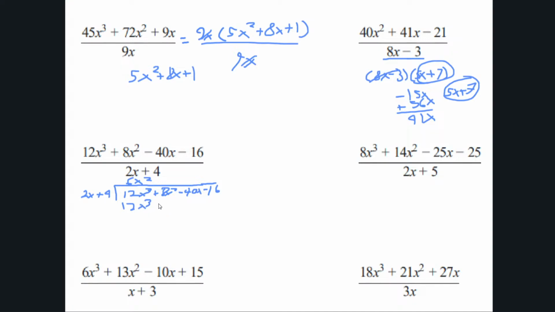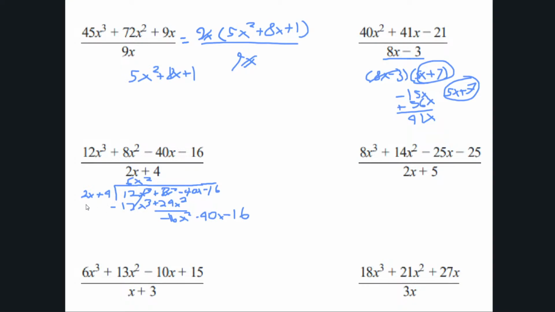4 times 6x squared is 24x squared. Okay. This cancels out when we subtract. This gives us a negative 16x squared minus 40x minus 16.